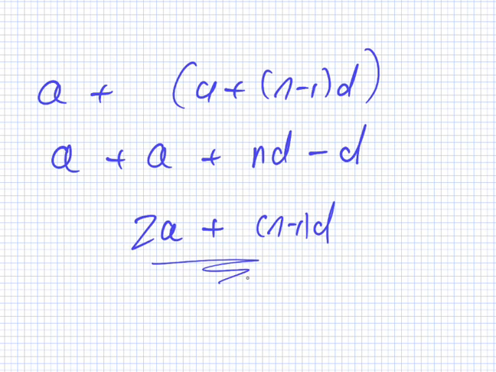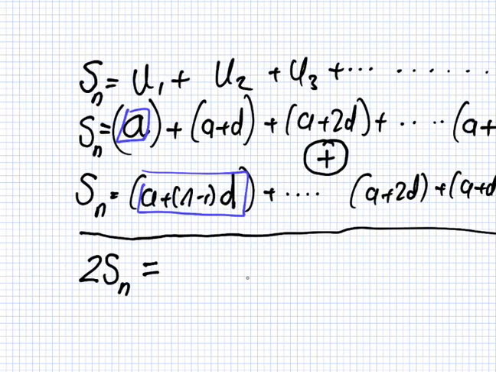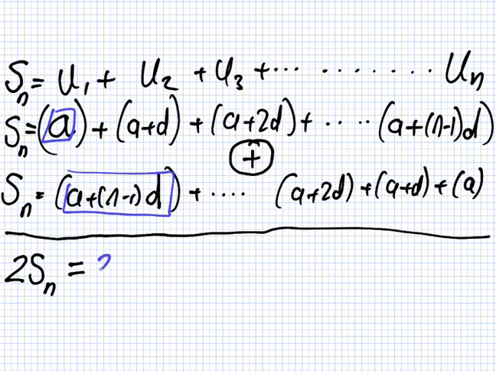So that's what I get there. So when I add them together here, I get 2A plus n minus 1D. Well, you can kind of see that the A just goes with the A here, and there's nothing to go with the D.